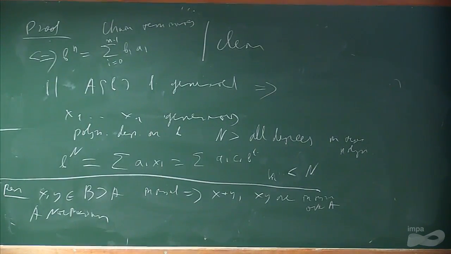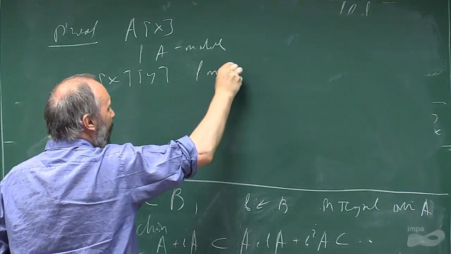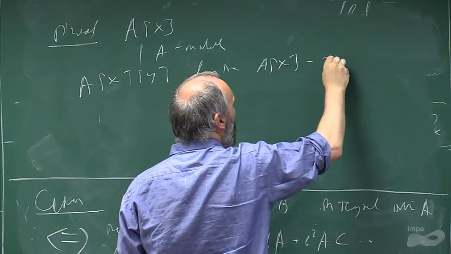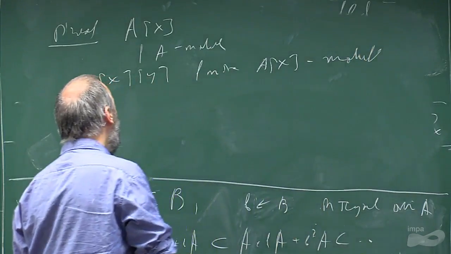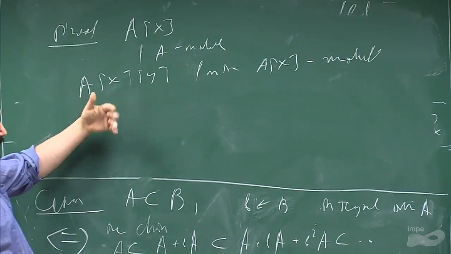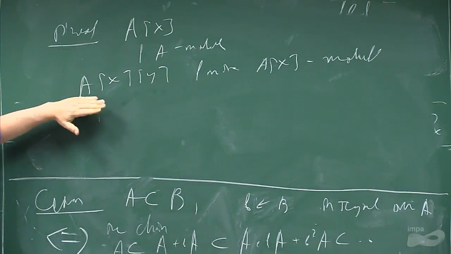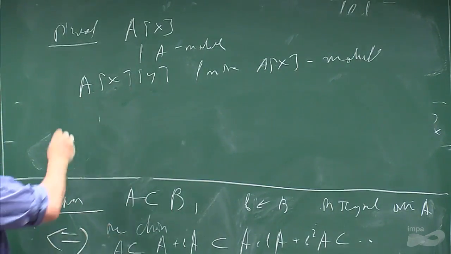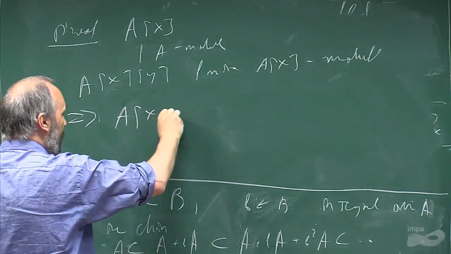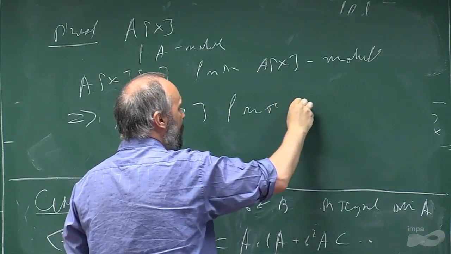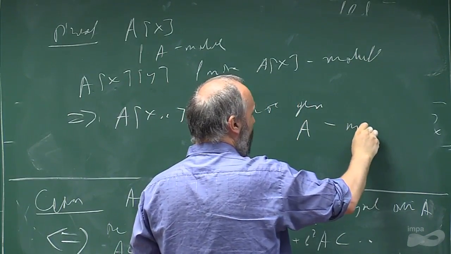So proof: you take A[X]. This is a finite A-module. A[X][Y] is a finite A[X]-module. Good. Then there is a finite set of generators which are expressed through A, X, and Y. Then A[X,Y] is a finitely generated A-module.